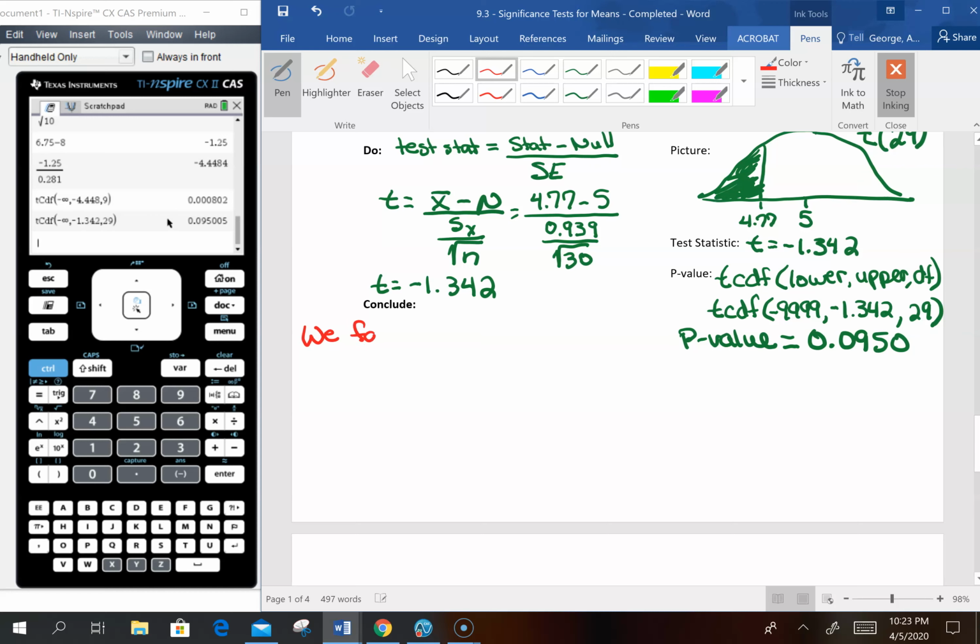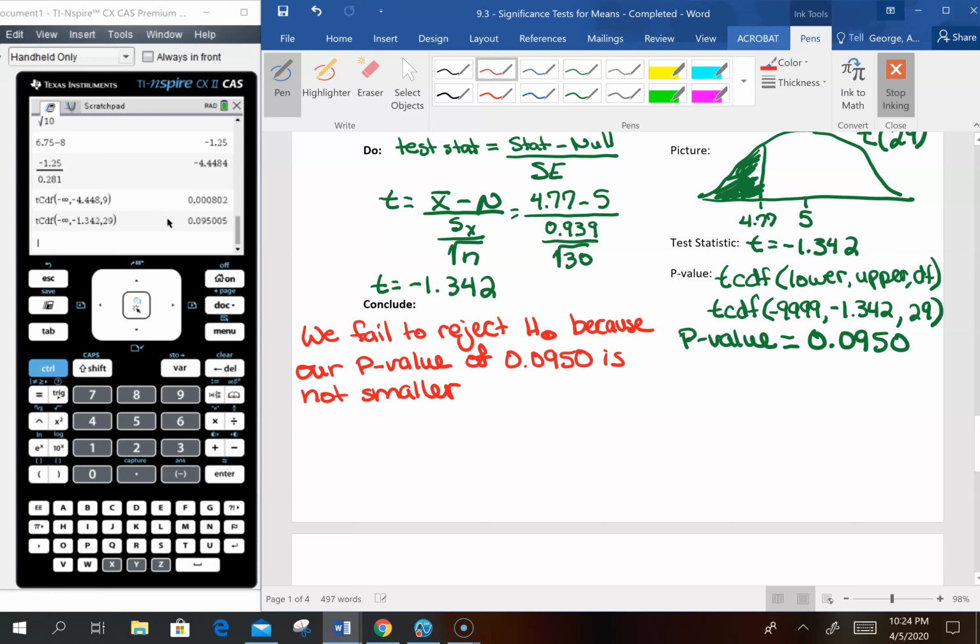So we fail to reject our null because our p-value is not smaller than our alpha. We do not have convincing evidence that the stream is not healthy.